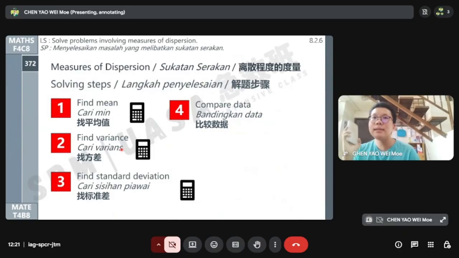This question always comes out, I can say that. Variance and SD, you must know how to find and use. In mean, you must already know how to calculate. Compare data, remember, smaller SD, more consistent. Sisihan piawai lagi kecil, lagi konsisten. So he can go to participate in the competition.